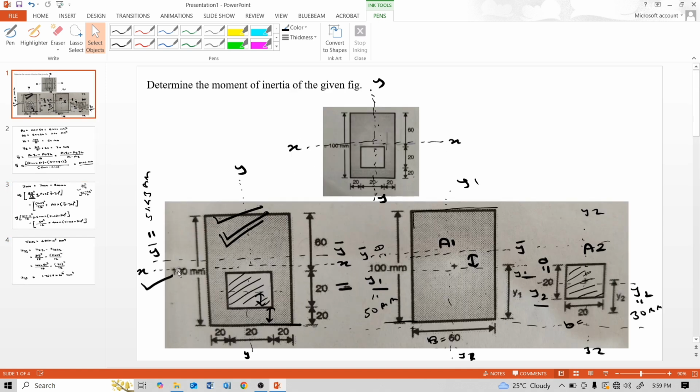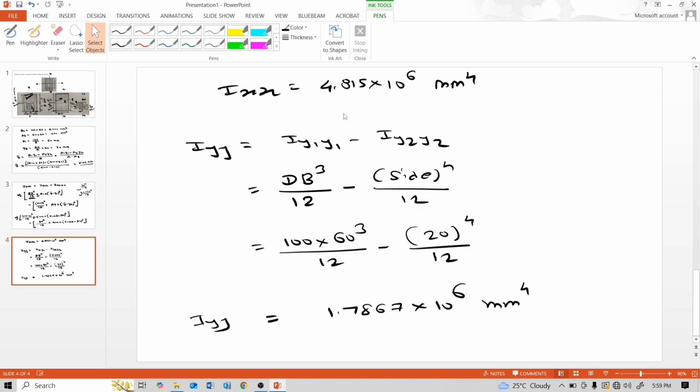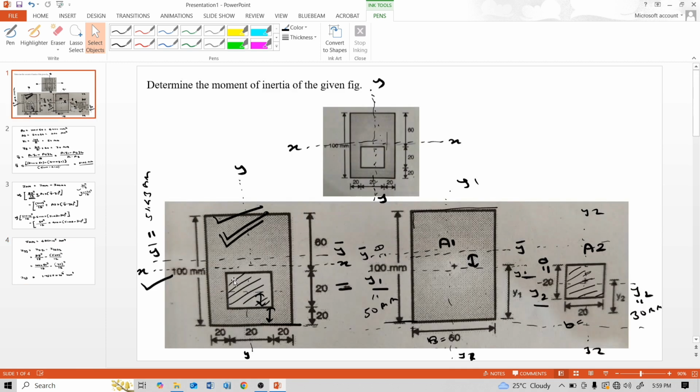So moment of inertia about x-axis is a greater value than moment of inertia about y-axis. See, moment of inertia about x-axis is 4.815 into 10 raised to 6 mm raised to 4, and moment of inertia Iyy is 1.7867 into 10 raised to 6 for the rectangle minus the square part deduction. Ixx is the greater value and Iyy is the smaller value, because the deductions about both axes are the same.